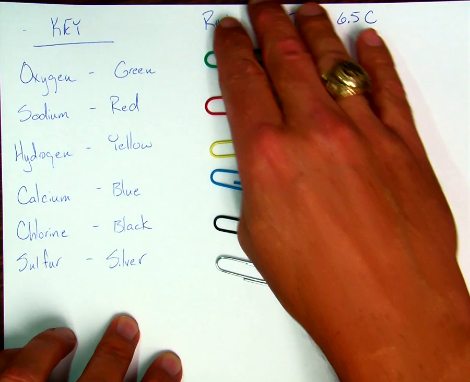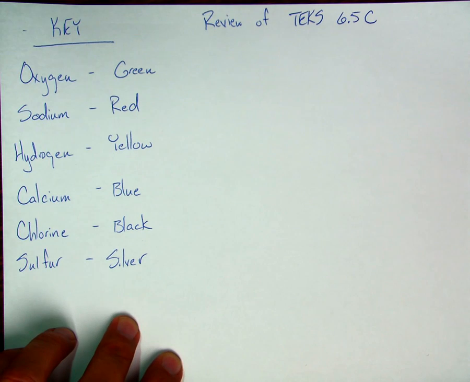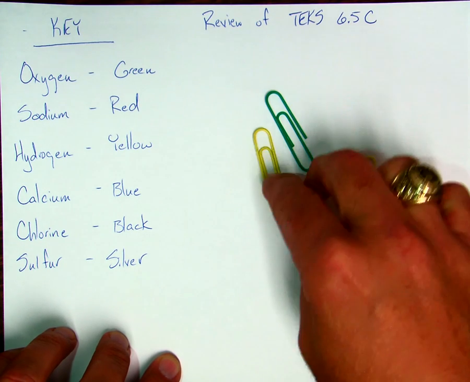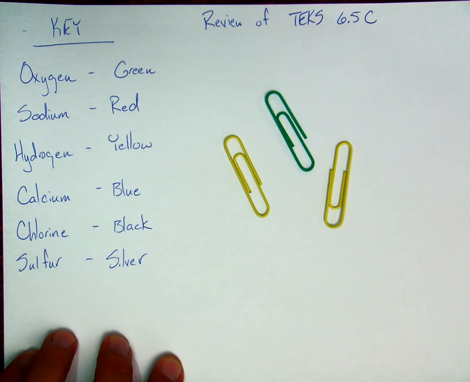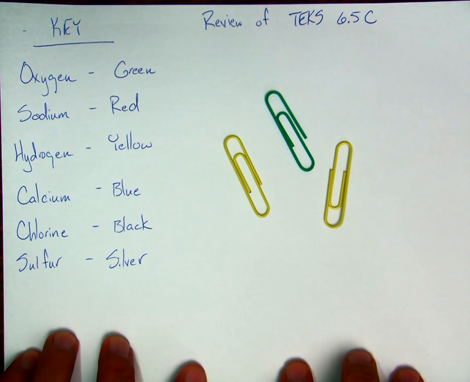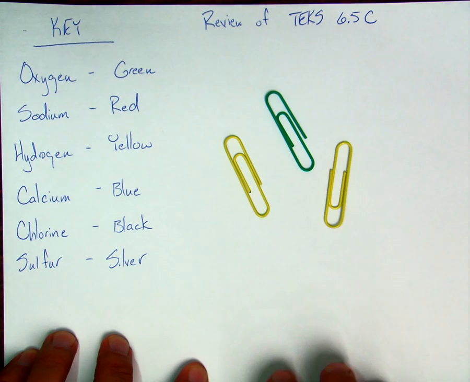So the first thing that we'll start off with is a simple representation of probably one of the most common compounds that you guys know about. If we are dealing with these three paper clips, we have two yellows, which are two hydrogens, and then we have one green, and that's going to represent oxygen.